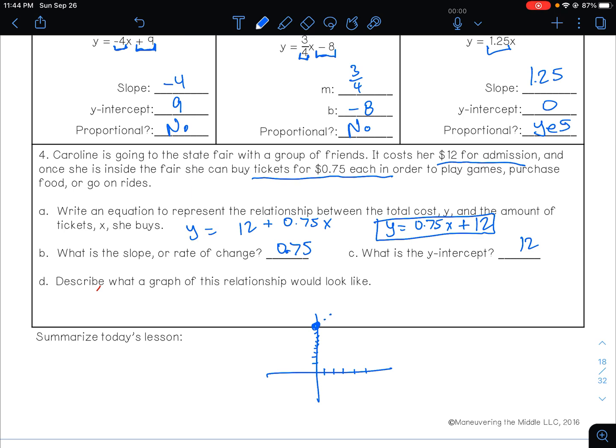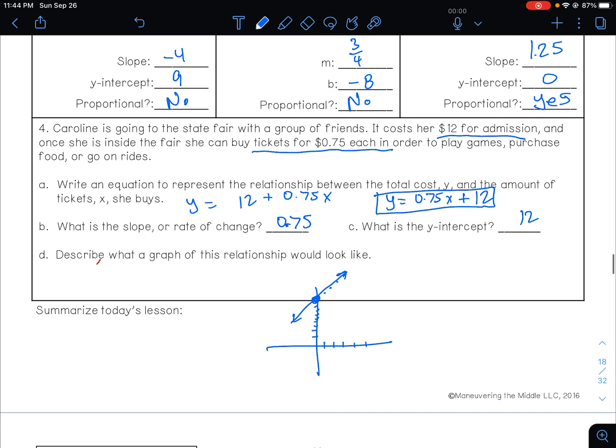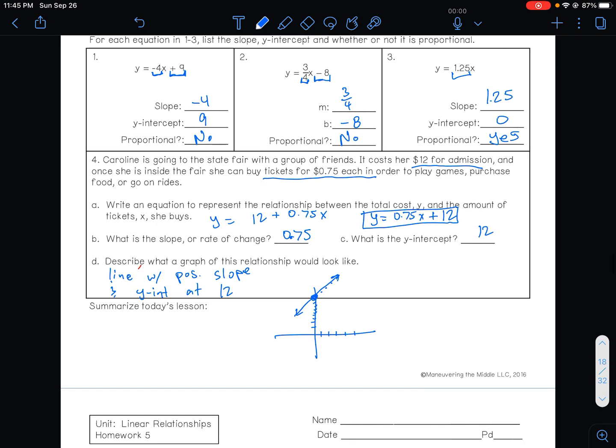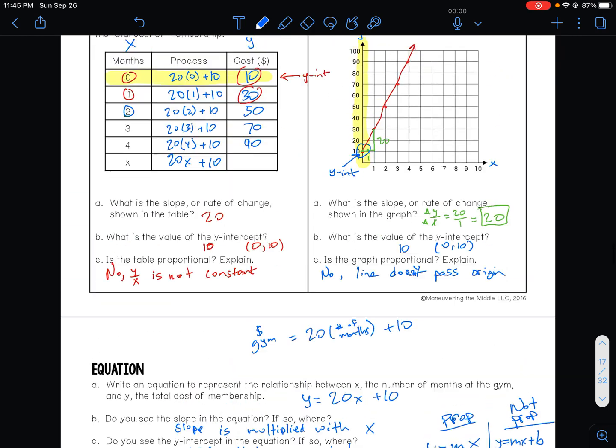It gradually goes up, right? So we should expect a positive slope, so a line going upward with positive slope, and y-intercept at 12. That's it. So those are non-proportional relationships.